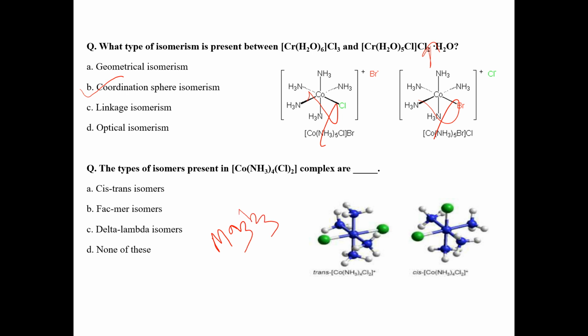Delta lambda isomers are found in complexes having metal tris chelates. Here there are no tris chelate ligands, so cis trans isomers will be the right answer.